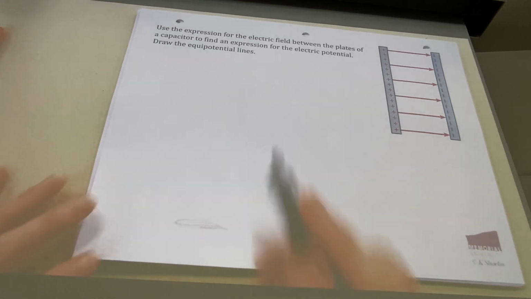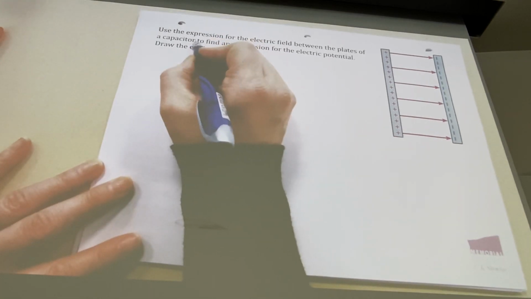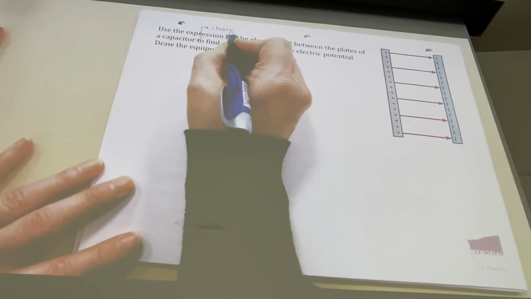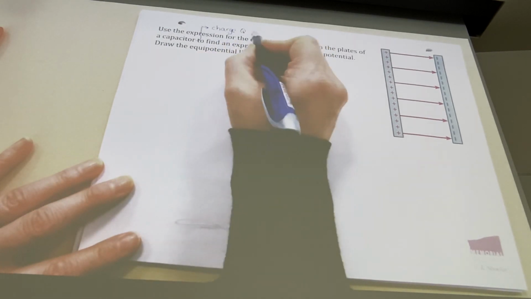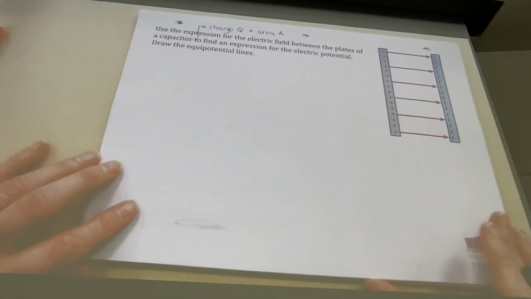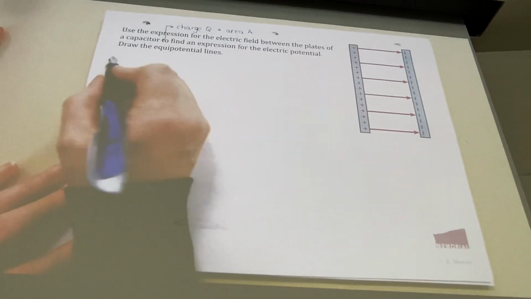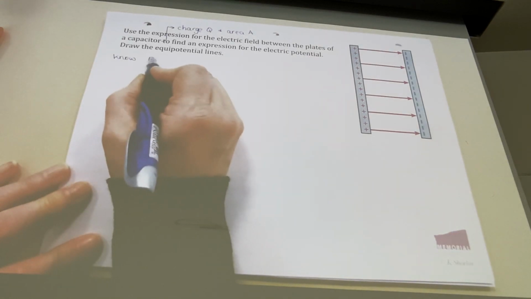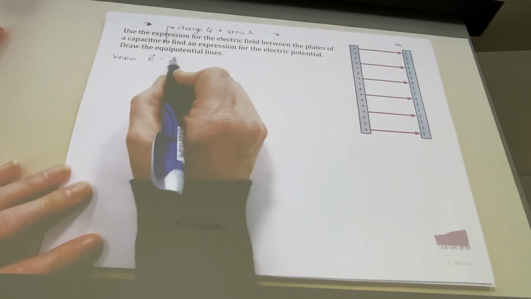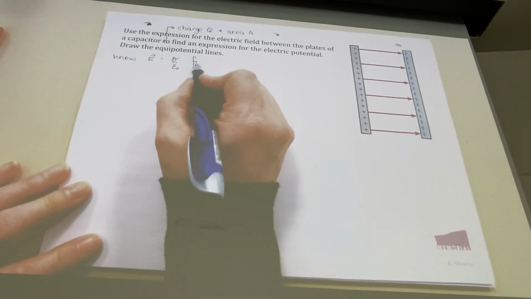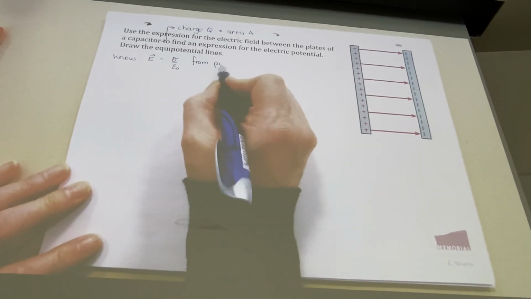So let's say our capacitor plates have charge Q, and the plates have area A. What we know for our electric field is that it's the charge density sigma divided by epsilon naught, and it points from positive to negative.